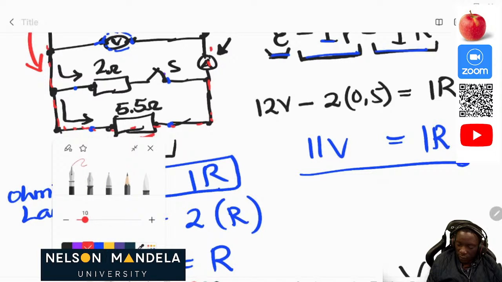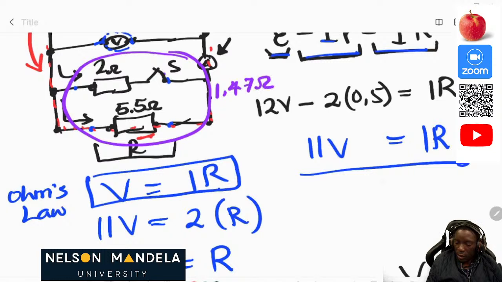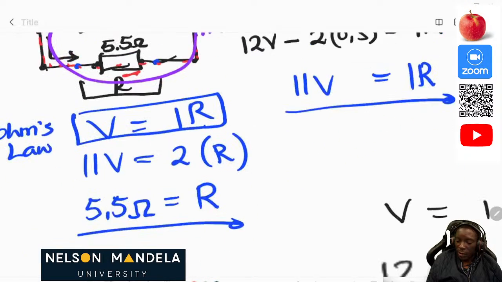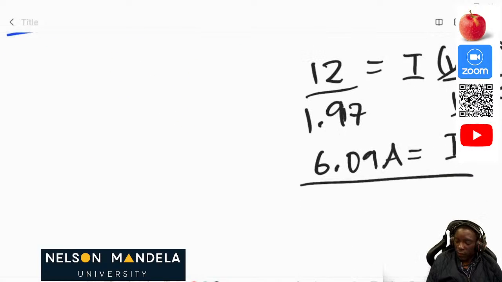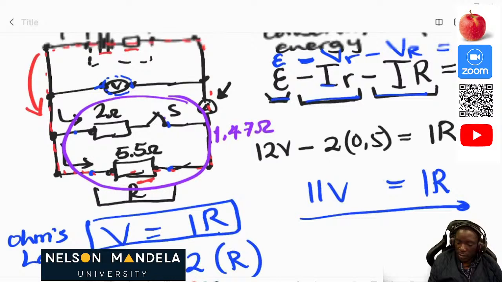The 1.47, which colour can I use? Purple is good. So the 1.47 is the total resistance here. This is like one resistor of 1.47 ohms. So with that one resistor of 1.47 ohms and a current of 6.09, the voltage across this part is what this voltmeter is now measuring.